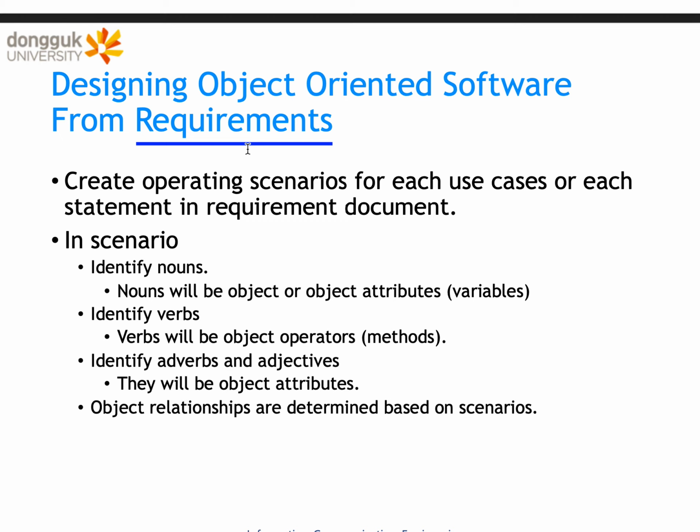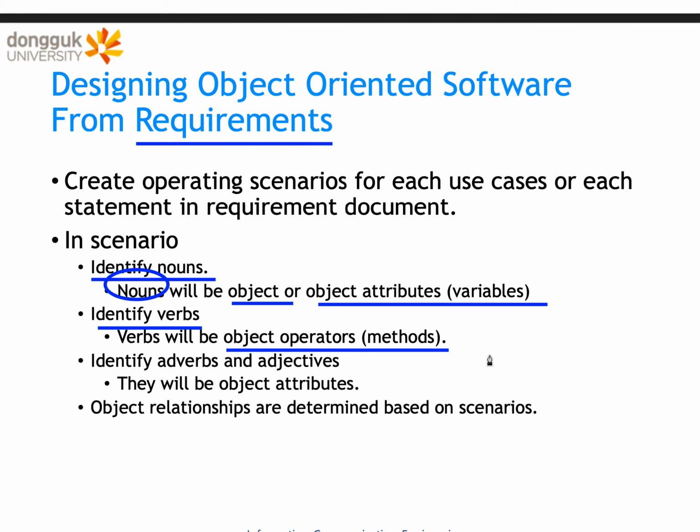So how do you make a UML design from requirements? Typically, you use the sentence structure. First, you identify nouns and verbs. Nouns will be objects or object variables, and verbs will be methods. If you find an important noun in the requirement document, you can say this is one class.